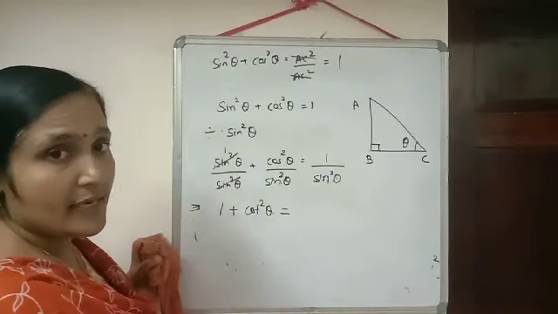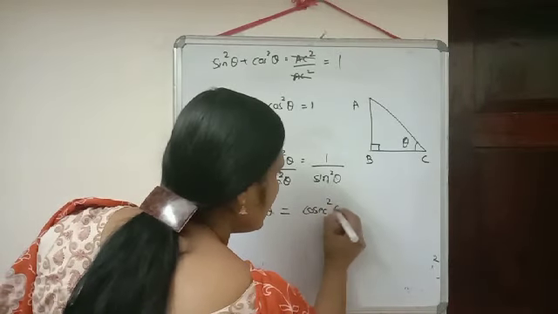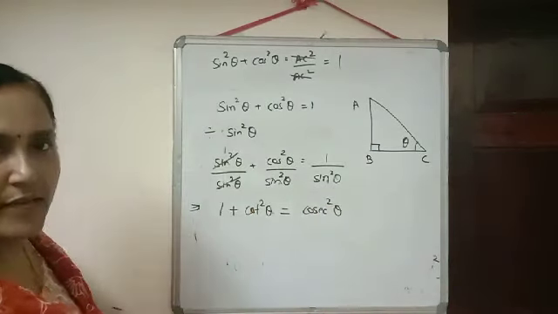Sin square theta and sin square theta get cancelled, so we get 1 plus cot square theta, since cos square theta by sin square theta is cot square theta, equal to 1 by sin square theta. The reciprocal of sin theta is cosec theta, so 1 by sin square theta is cosec square theta.